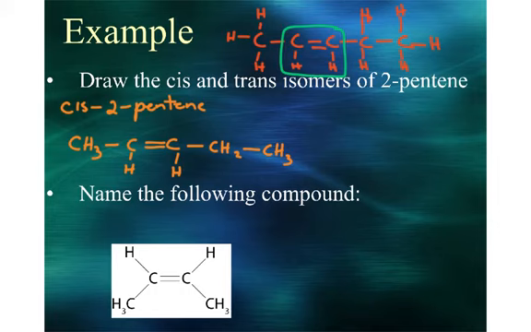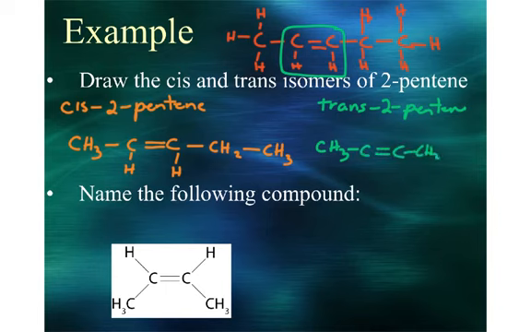The other version is, let's do it in green, trans 2-pentene. And again, CH3, C double bond C, CH2, CH2, CH3. I'm running out of space. But trans tells me pull the H's out and put them one up, one down.